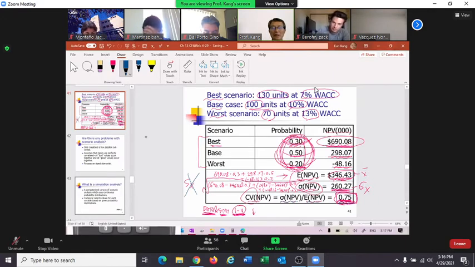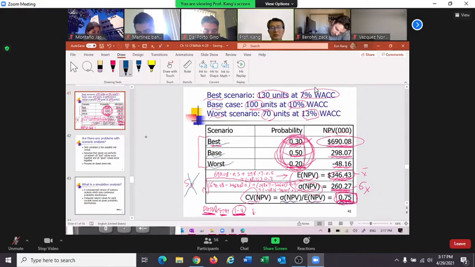Okay, so that is how to calculate CV, and then you use that CV to compare with other projects, mostly to your company average CV. Then you will see how risky your project is compared to your average project. So this is a slight improvement over sensitivity analysis. Why? Sensitivity analysis doesn't give you any probability or possibility range.